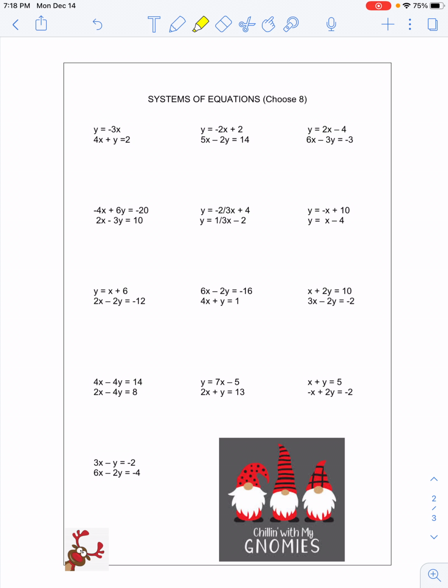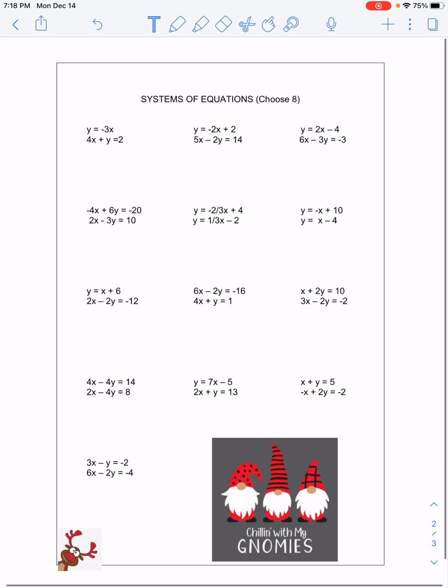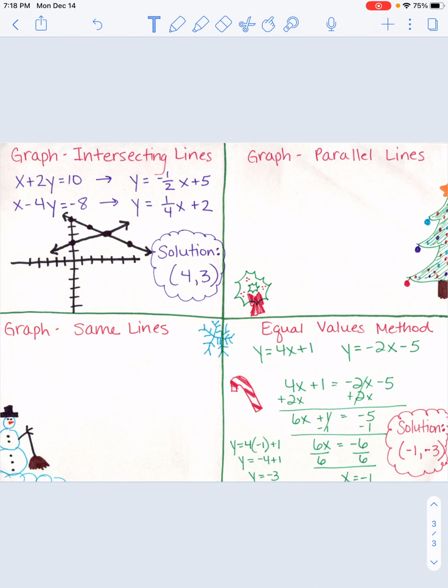Now, let's look at an example of what you're kind of doing here. Here's an example of the front side. You have 4 boxes. On the upper left-hand corner, there's an example of a graph where the lines will intersect.